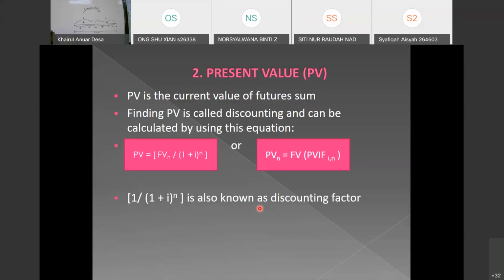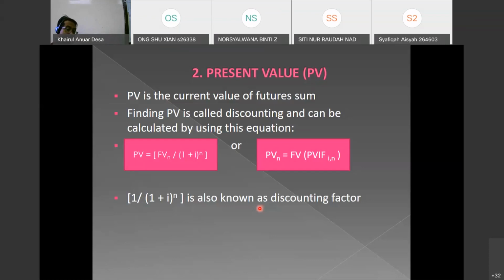Alright. Okay, this is the process. Saya nak padam sini. Okay, what is the keyword of present value?